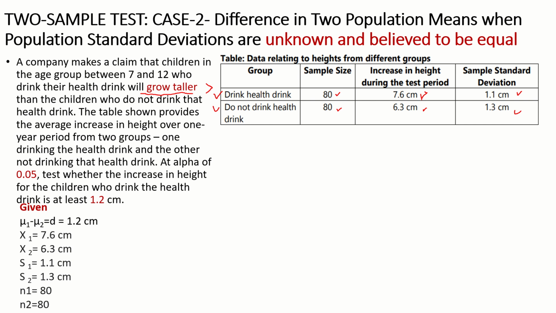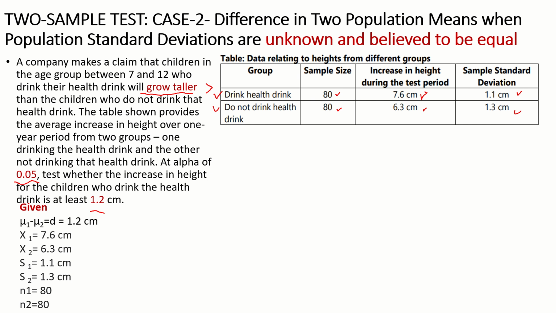Let us see one more line. At alpha of 0.05, so 0.05 is the level of significance, test whether the increase in height for the children who drink the health drink is at least 1.2 cm.